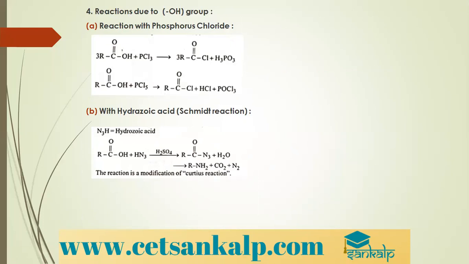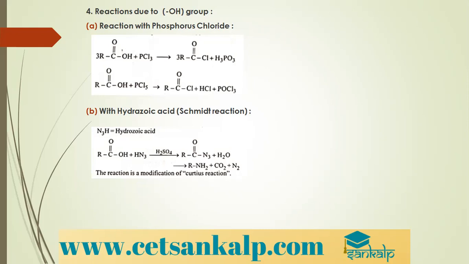Now, reactions due to the OH group. We know the OH group is present, and these reactions are called nucleophilic substitution reactions, wherein OH gets replaced with a different nucleophile. The first reaction is with phosphorus trichloride, PCl3, or you can use phosphorus pentachloride.